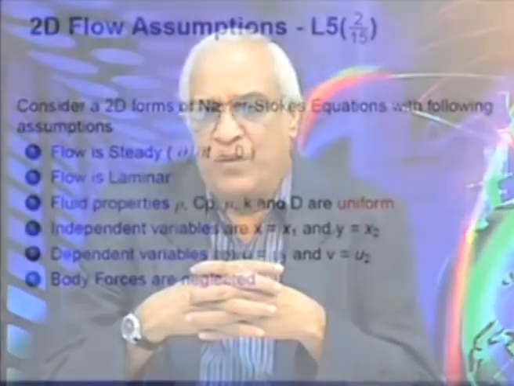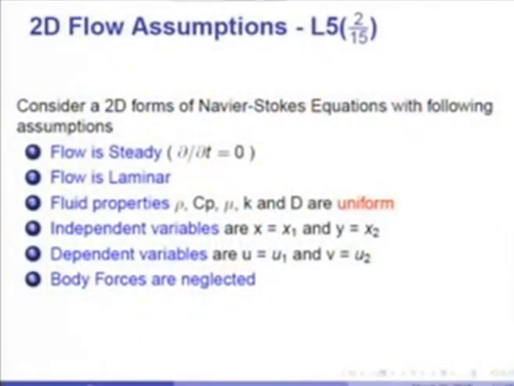The first assumption is the flow is steady, d by dt equal to 0. Now, I am not at all suggesting that analytical solutions to unsteady flow are not possible, but our main interest in this course is to deal with steady flows in equipments, and therefore, I will assume that d by dt equal to 0. I would then say that the flow is laminar, and perhaps the most important assumption here is that all properties, the intrinsic properties density and specific heat, and the transport properties mu, k and D are uniform.